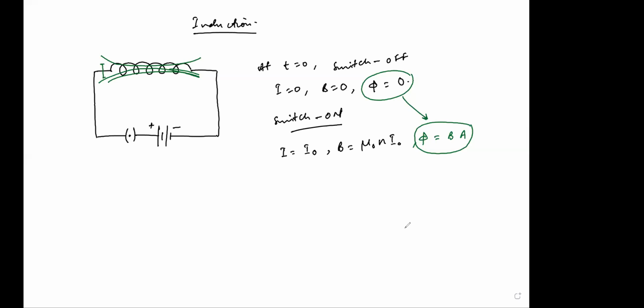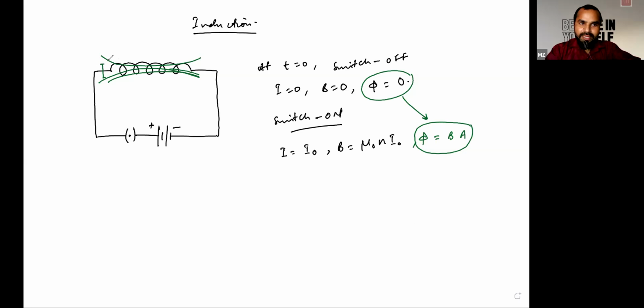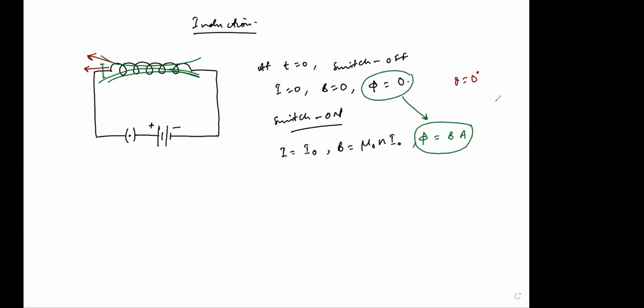It is BA cos theta. Suppose the magnetic field is going along this direction, the area vector for this loop would be along the same direction. So these two would be parallel to each other. So theta would be 0 degree and cos 0 is nothing but 1. Is it clear? Yes, sir, clear.